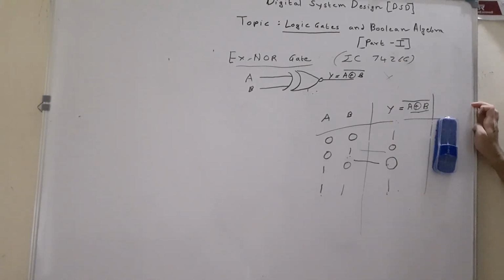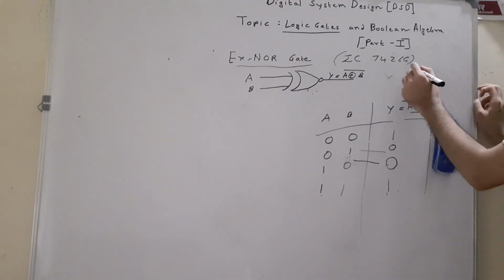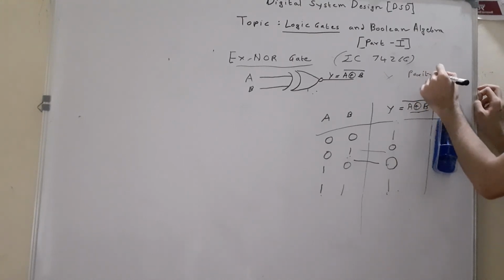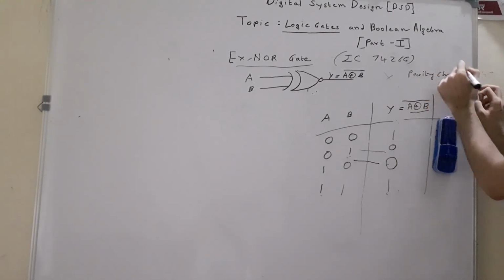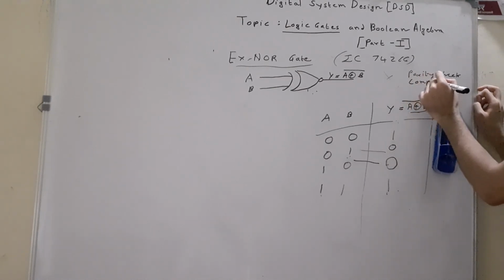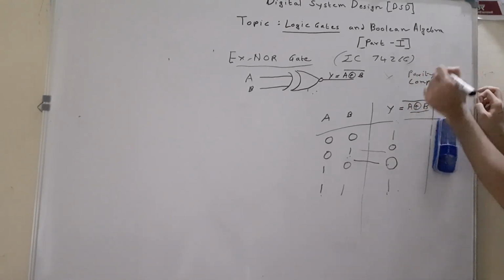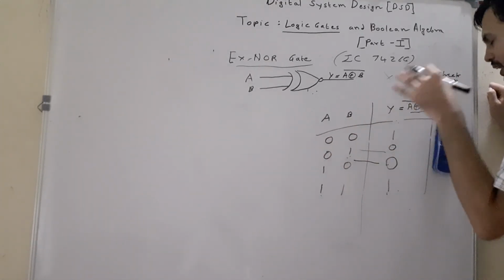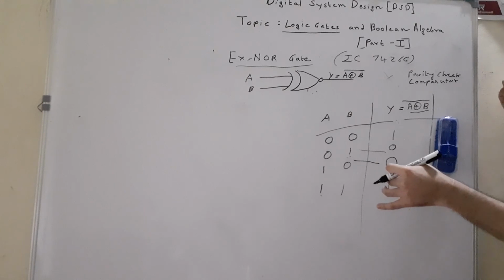So what are its applications? It is also used as a parity checker. It is also used in a comparator circuit. So why is it used in comparator circuit? It compares the two different inputs applied at the input of the digital circuit.